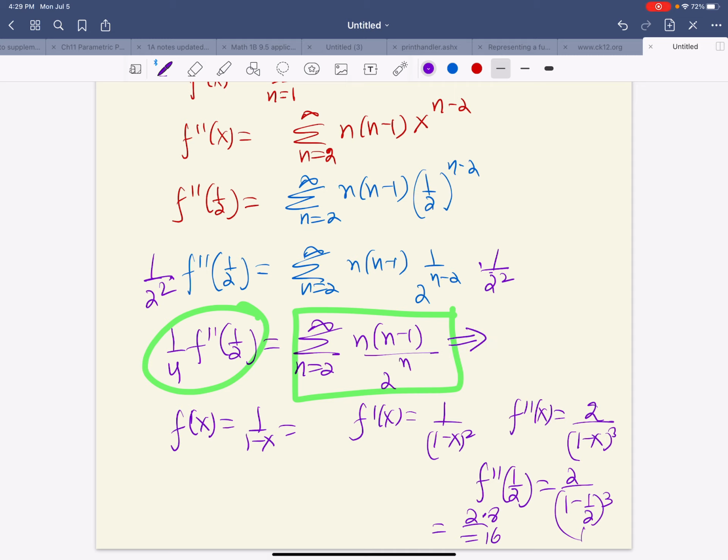This gives me 1/4 times 16 equals the summation from n equals 2 to infinity of n times n minus 1 over 2 to the power n. That tells me this sum is going to equal 4. For this series, all the terms add up to 4.